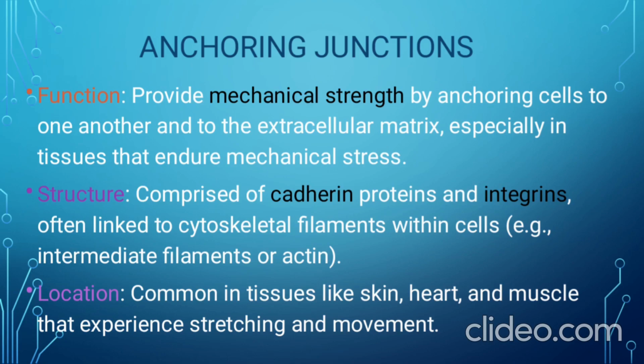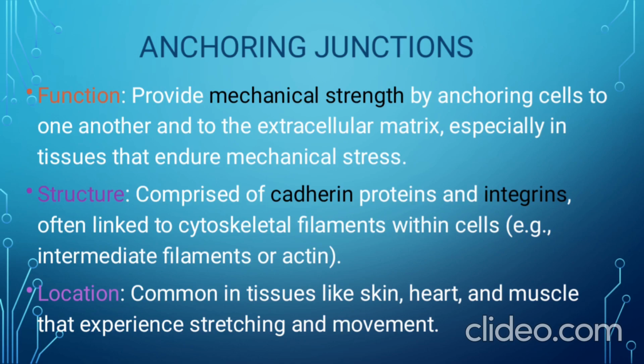That's why we have two types of anchoring junction: the actin filament attachment anchoring junction and the intermediate filament attachment anchoring junction. The location for anchoring junctions is in skin, heart, and muscle.